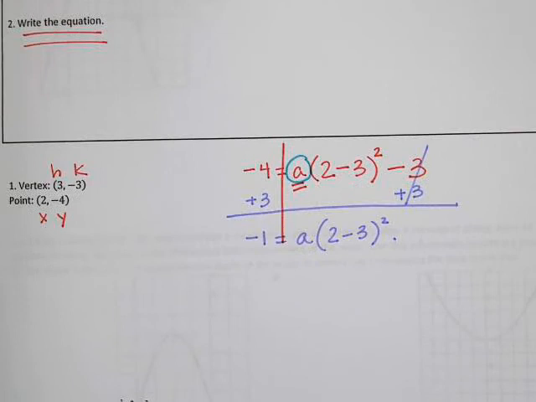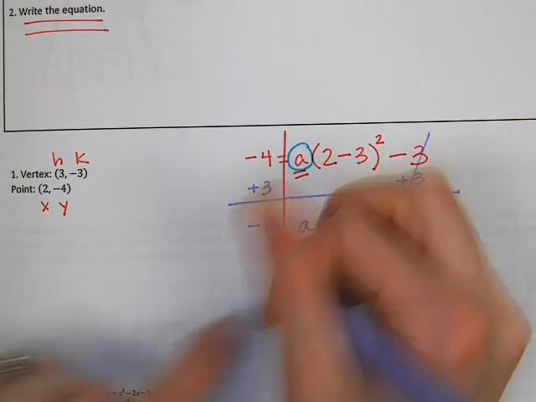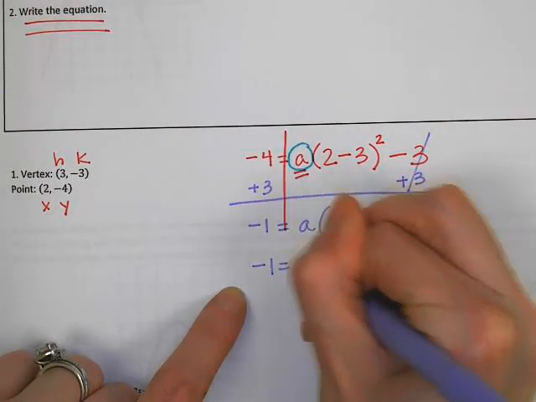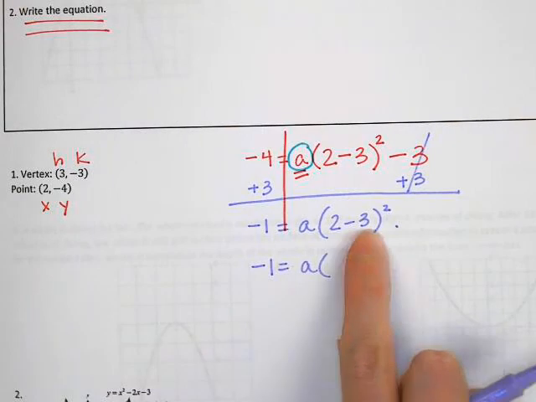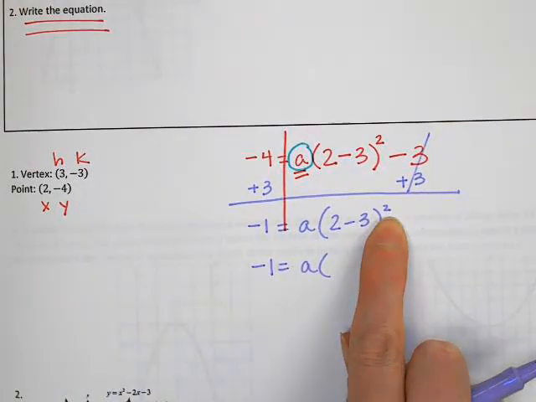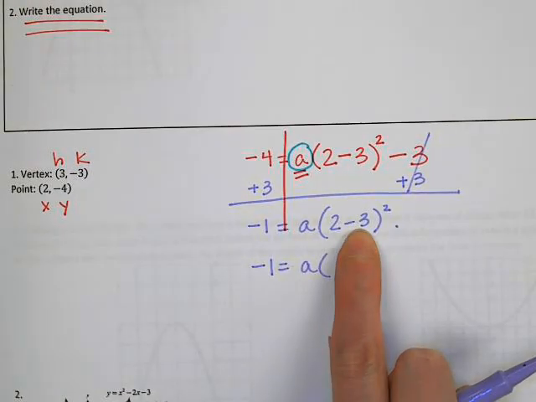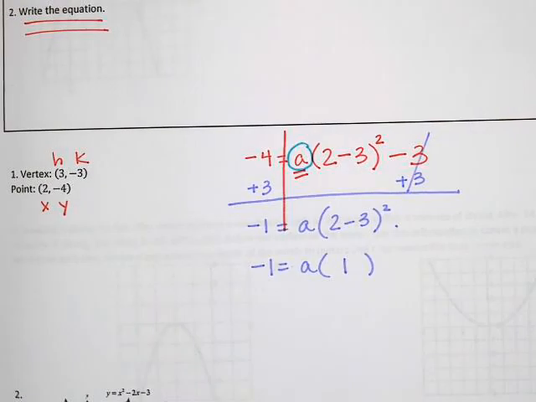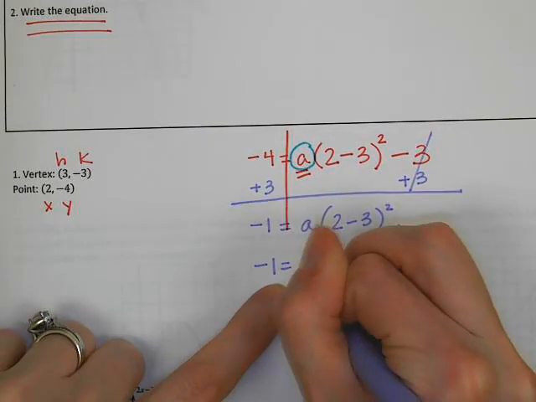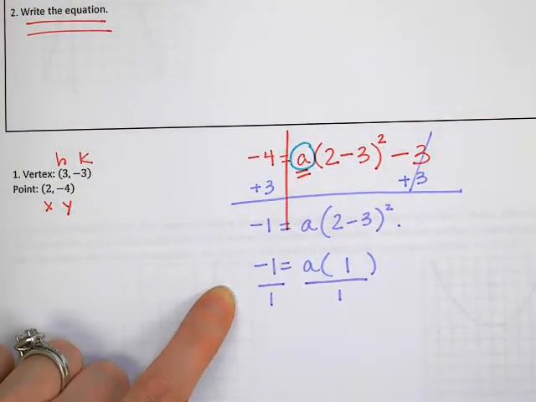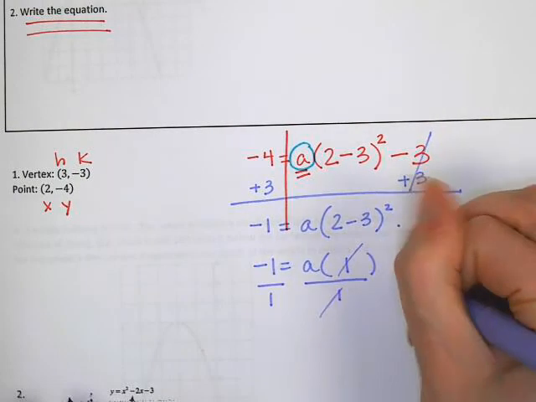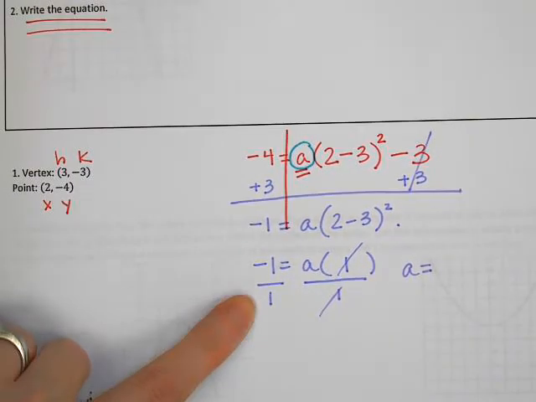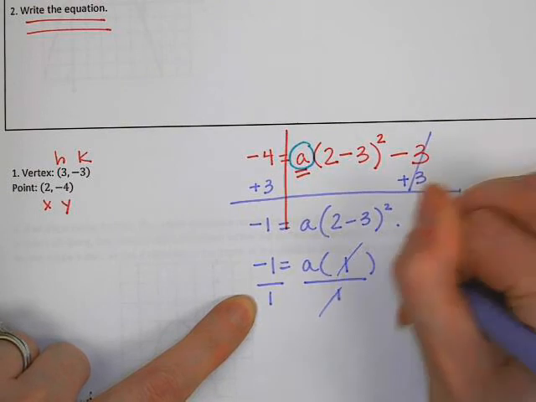And then I would probably do the parenthesis next. -1 equals a times, what is (2 minus 3) squared? So 2 minus 3 is -1. -1 squared is +1. And then really easy to solve for a, we just divide both sides by 1. And there we go. a is -1 divided by 1, which is just -1.